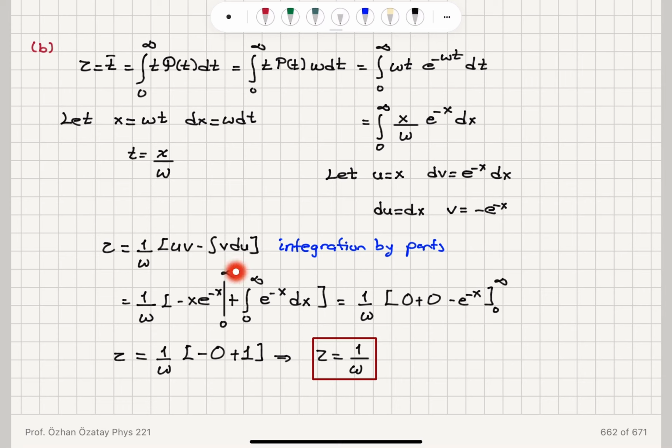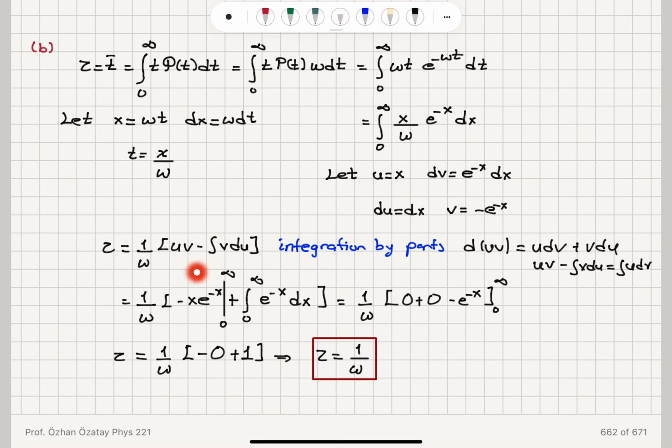With that, using d(uv) equals u dv plus v du, we can see that uv minus integral v du is integral u dv. That's integration by parts.